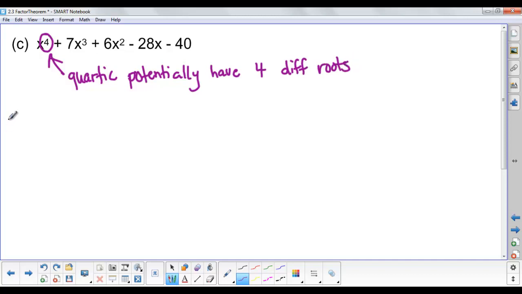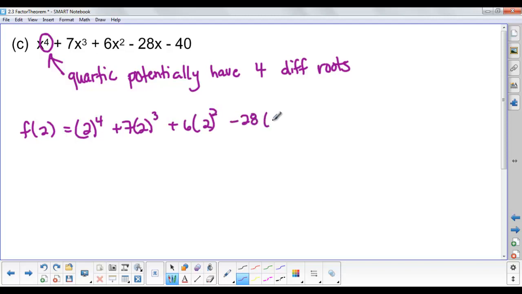Okay, so we are going to do some test factors. The first one I'm going to try is positive 2. We end up with 0, which tells me that x minus 2 is a factor.